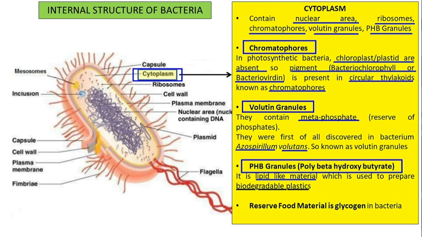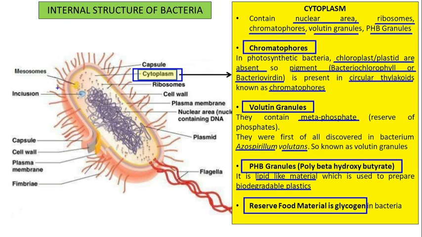Biodegradable plastics, which is very important and has been highlighted by government bodies, are created from the PHB granules of bacteria. The next thing present in cytoplasm is reserve food, which is actually glycogen in bacteria.